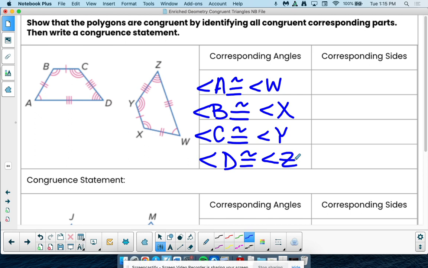Now you got to match up all your sides. Okay, I'm just going to start in the same spot. AB, so segment AB is congruent to WX.